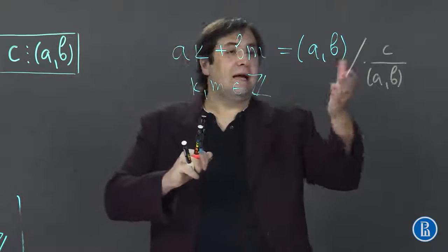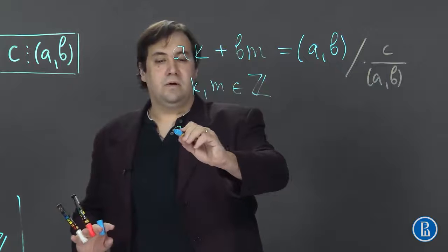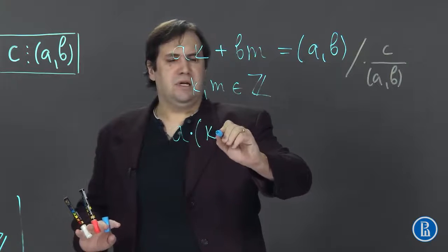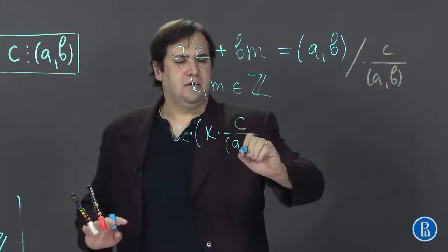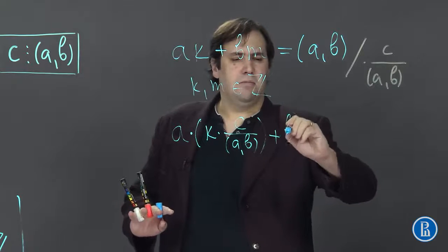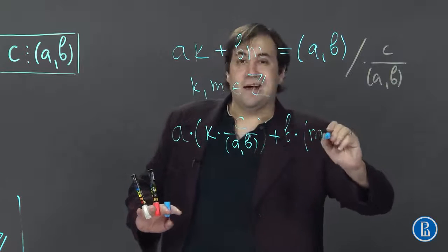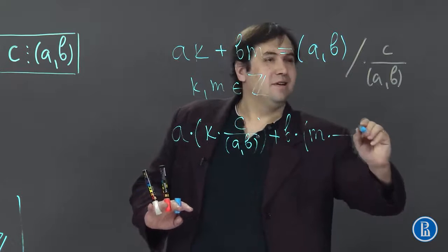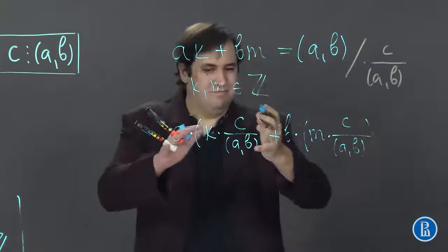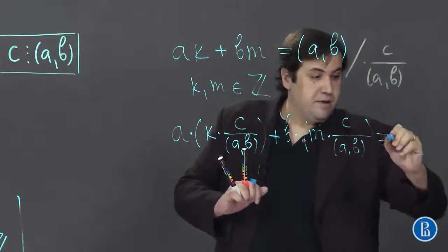We multiply it and obtain an equality of the form a multiplied by k c over the GCD plus b multiplied by m c over the GCD. Well, it seems complicated, but it's not. This is equal to c.